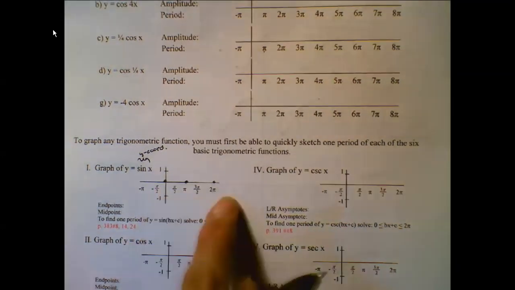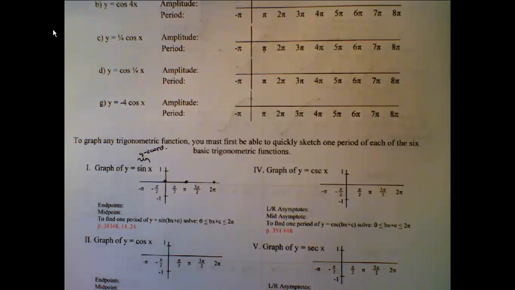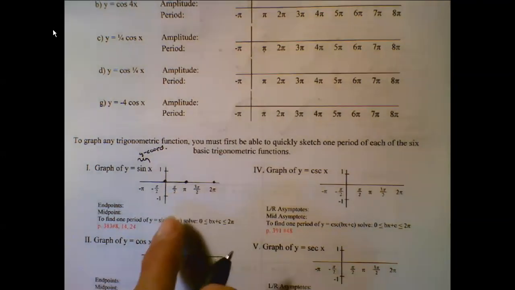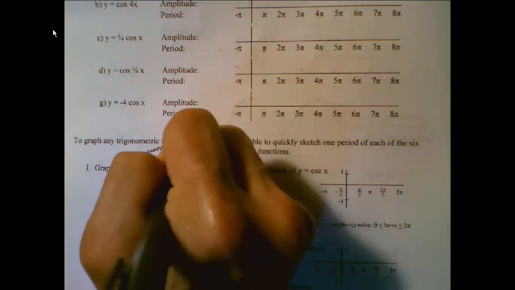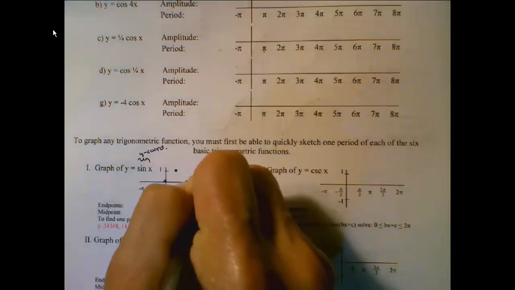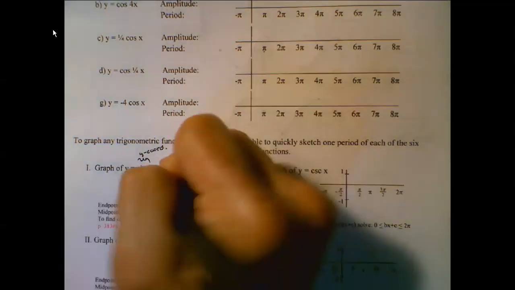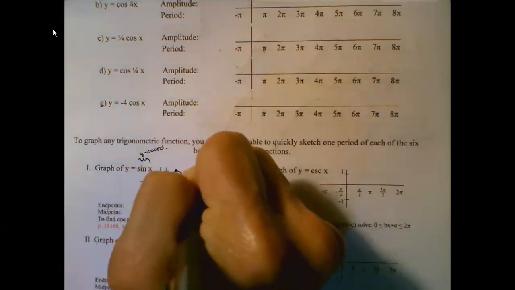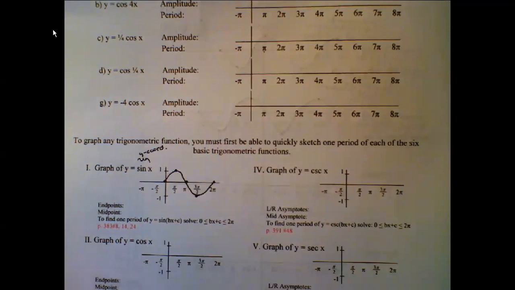So I'm just going to graph these 3 x-intercepts and then say pi over 2, I know sine is +1, 3/2 pi is -1, and that's good enough if I just need 1 period of sine.